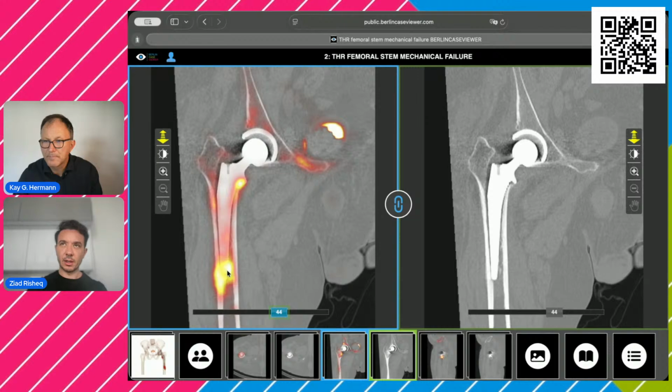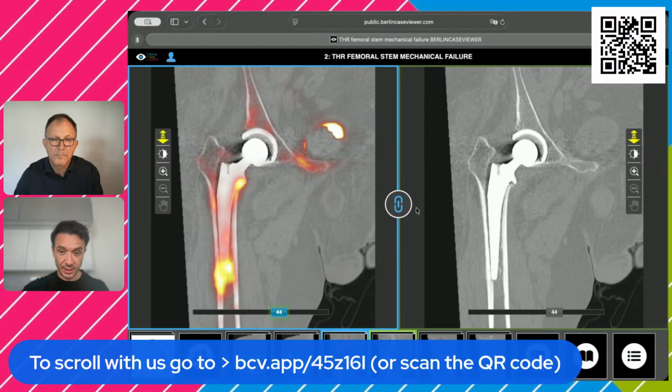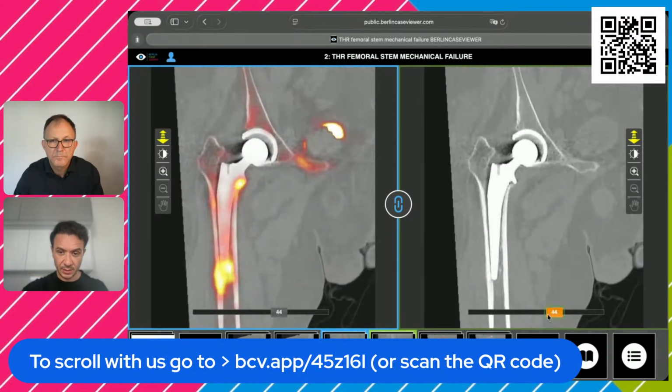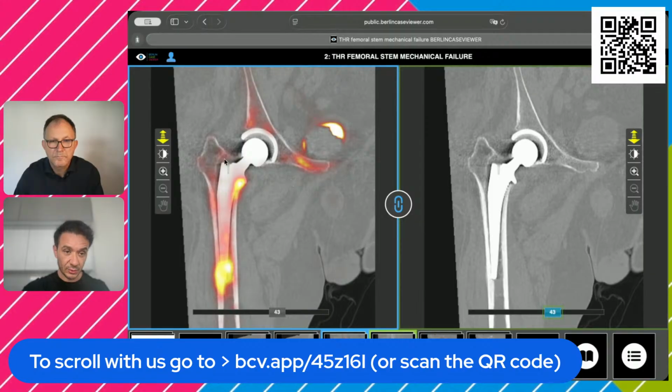When I talked to the referring physician, this was not evident on the post-op images, and he was actually surprised that this was in a varus position, and that we have this big lucency, and the stem shoulder is a bit lower relative to the greater trochanter.